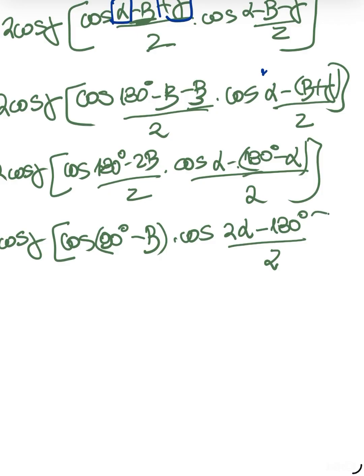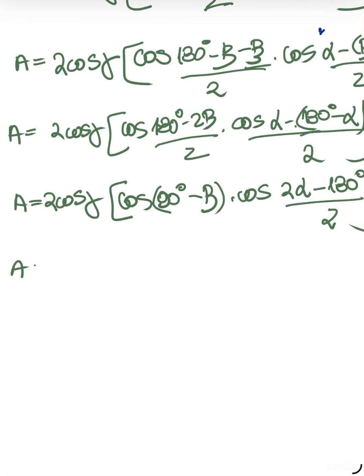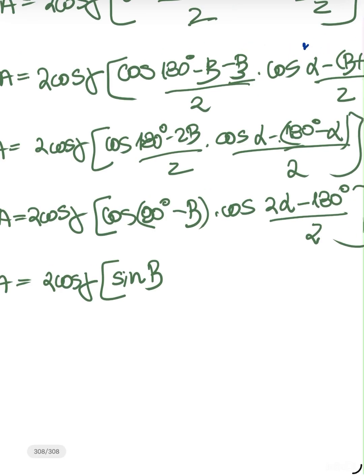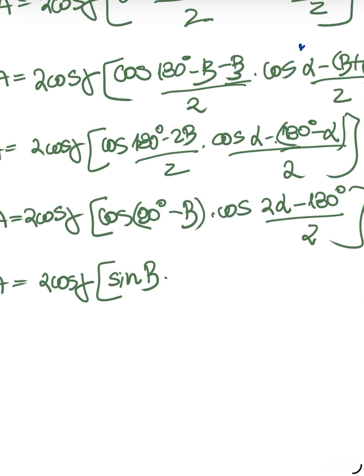So we obtain A is equal to 2 times cosine gamma times sinus beta, because you know cosine of 90 degrees minus beta is equal to sinus beta, times cosine of alpha minus 90 degrees.